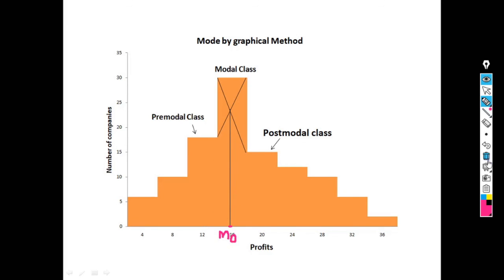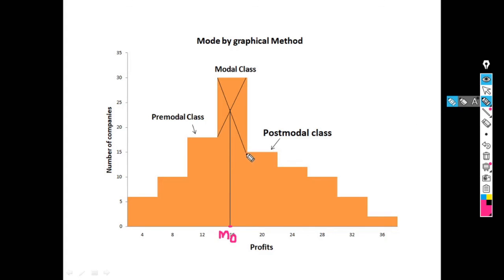Procedure is very simple. Firstly, we have to draw the histogram by taking class limits on x-axis and their respective frequencies on y-axis. Then our second step is we have to locate our modal class, pre-modal class and post-modal class. Modal class means the class which has the maximum frequency, and the previous class is known as the pre-modal class and the next class is known as the post-modal class.